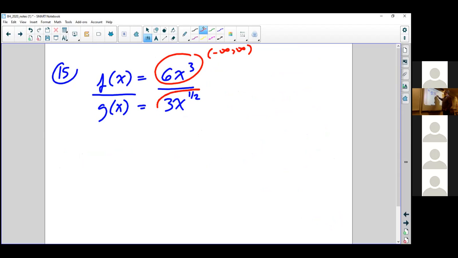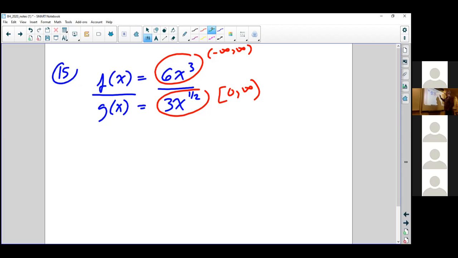The domain of this, not taking into account that it's a denominator, is the same thing as square root of x. It's going to be square bracket 0 to infinity. Okay, so that's the first step. So I was just isolating the individual things.